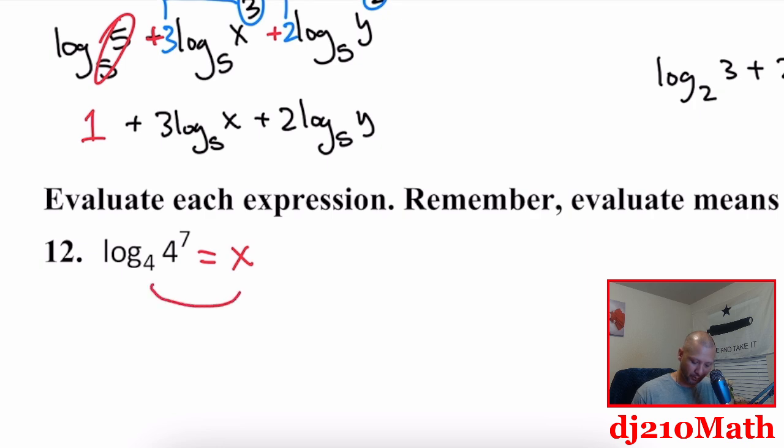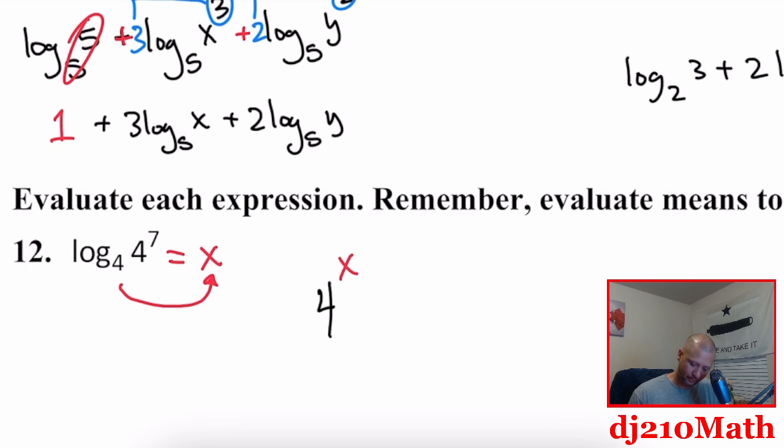So 4 raised to the x power. Look, I'll do it like this. 4 raised to the x power is going to equal 4 to the 7 power. Now I'm doing this very specifically for a reason. Once you rearrange the pieces into exponential form, usually x will be kind of obvious.